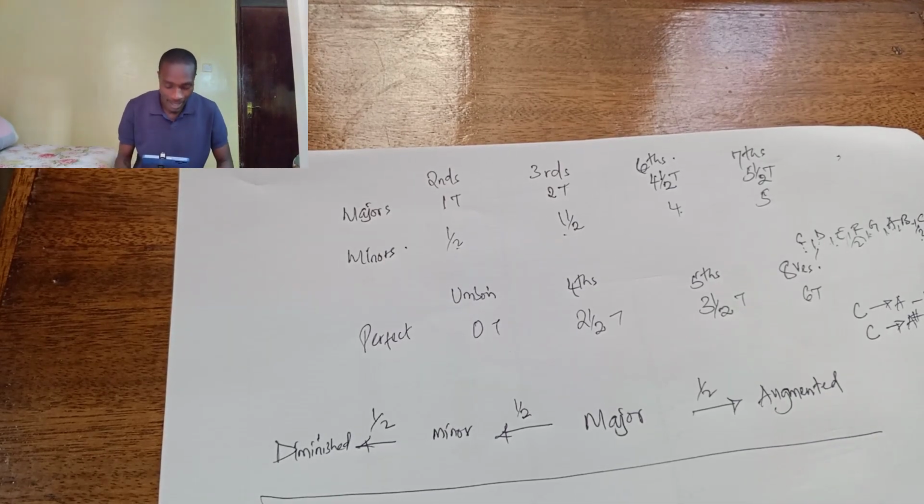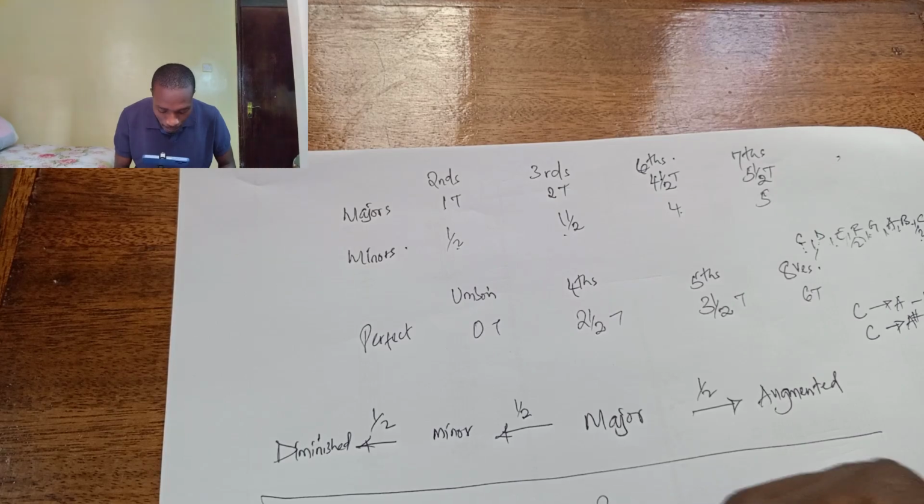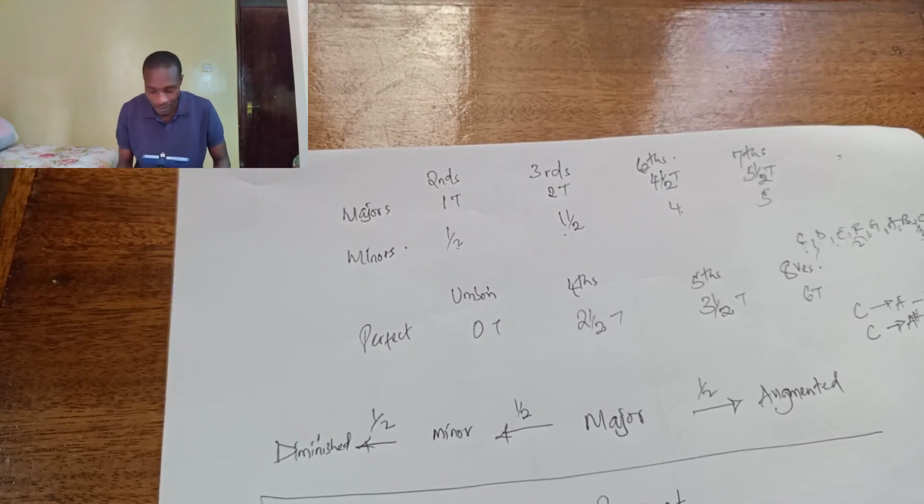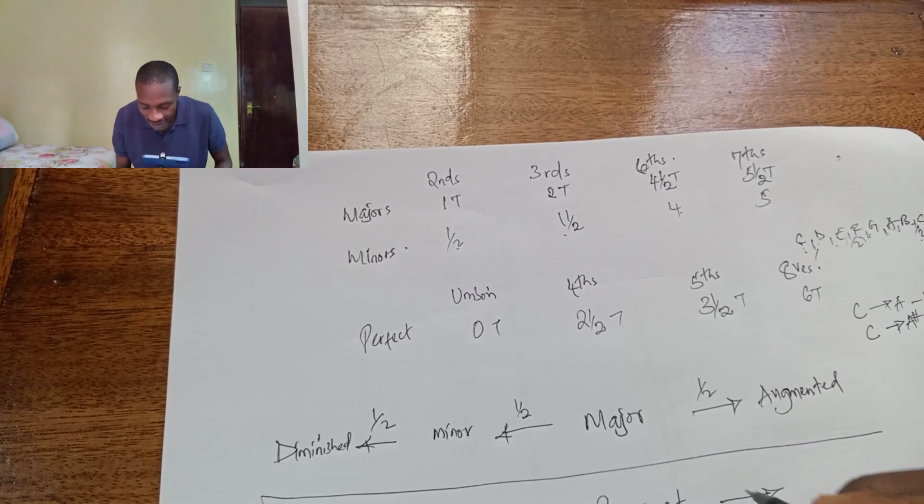What about the perfect? Perfect can also be increased or decreased. When you increase a perfect interval by a half step, it is going to give you an augmented interval.